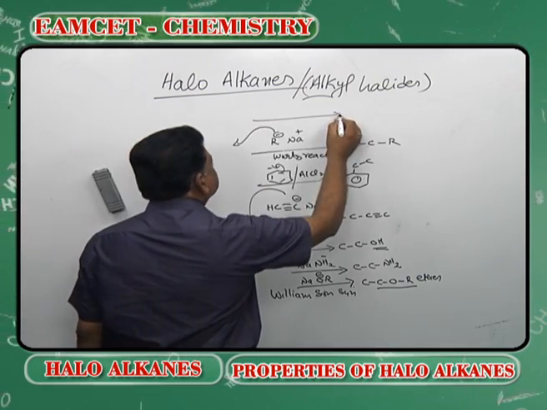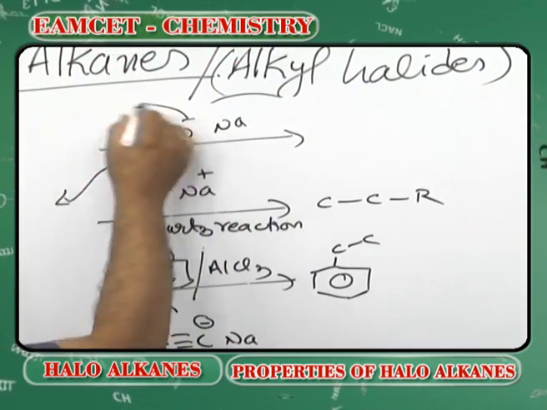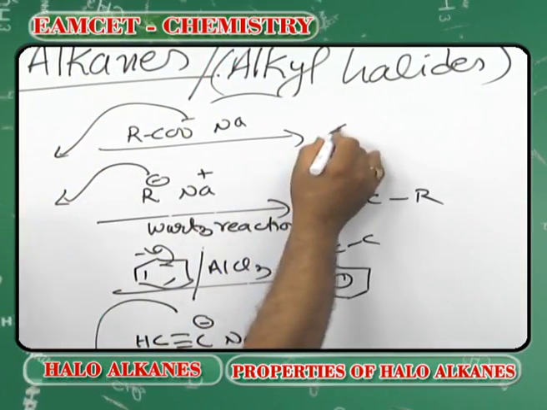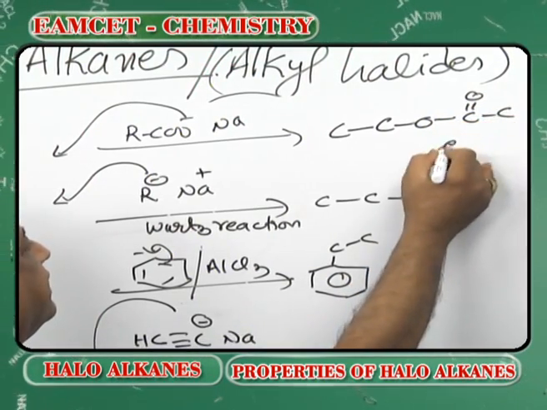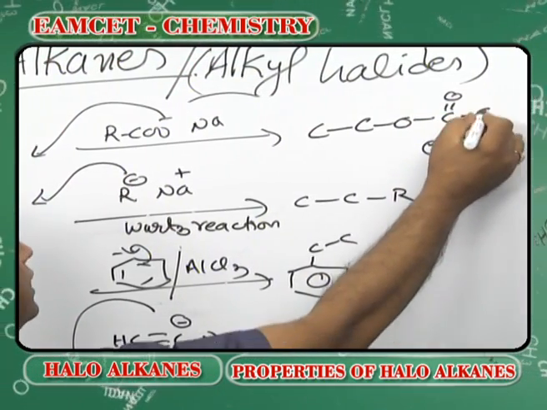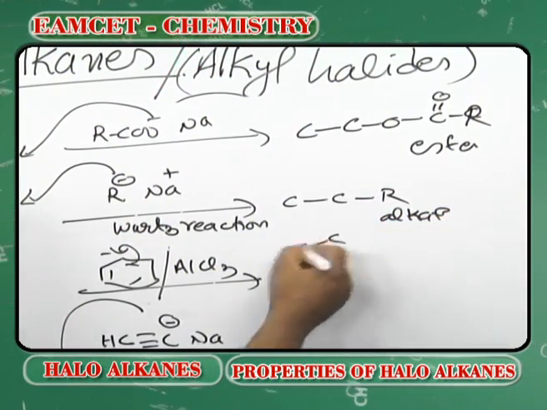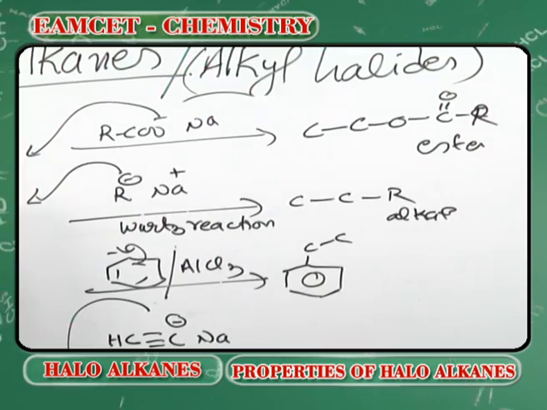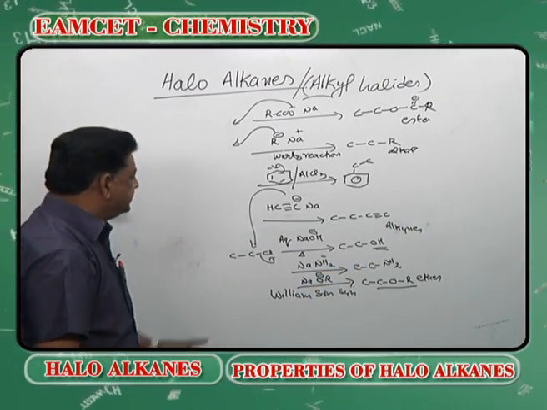If you take a sodium salt of a carboxylic acid, RCOO minus, the minus will attack here and you will get an ester. OCOCH3, an ester is formed, isn't it? This is alkane, this is alkyl benzene, alkynes. So we have a huge number of reactions which replace this Cl.